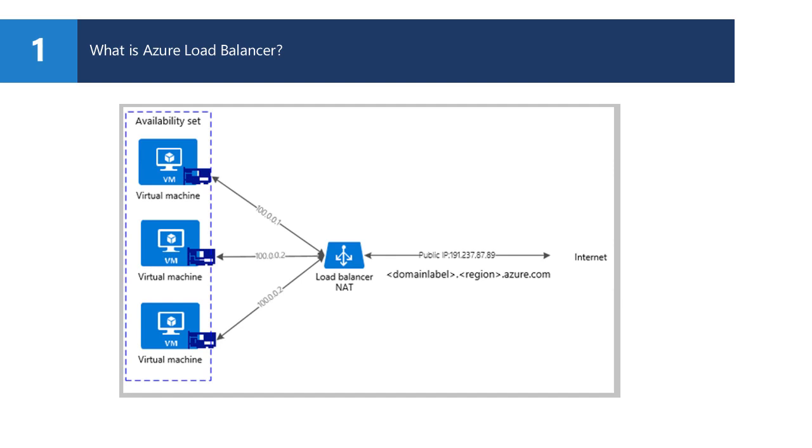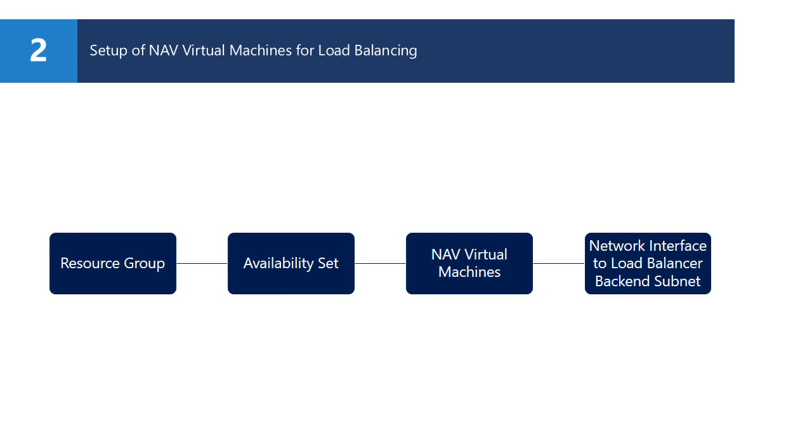It can be configured to direct internet traffic to any of the virtual machines, and it can also, using port forwarding, forward specific traffic to specific virtual machines. And this will enable you to create, for example, RDP connections to the virtual machines that are behind the load balancer.